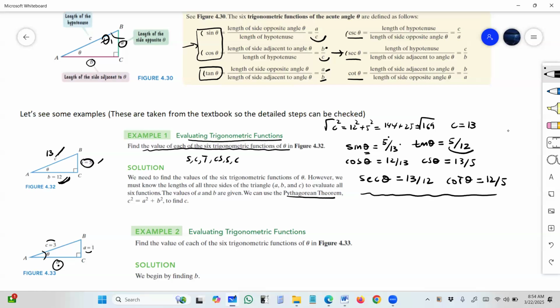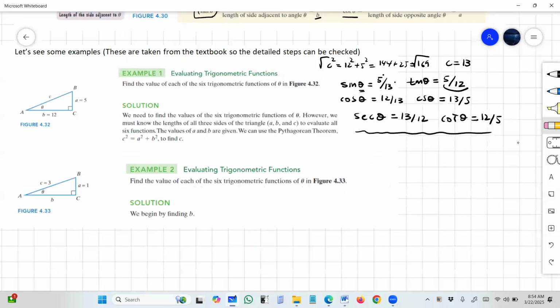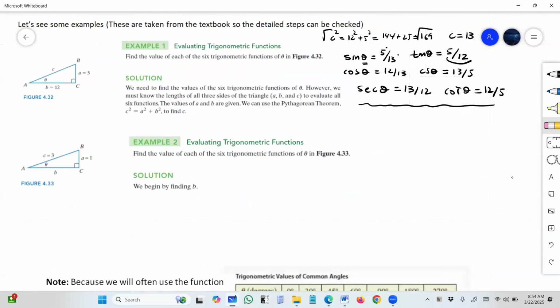Okay? Now the same would apply here for the other triangle. But in this case, you are given the hypotenuse and one of the sides, and then you have to find the other one. So we apply the Pythagorean theorem the same way, right?